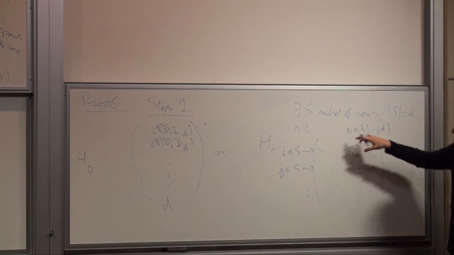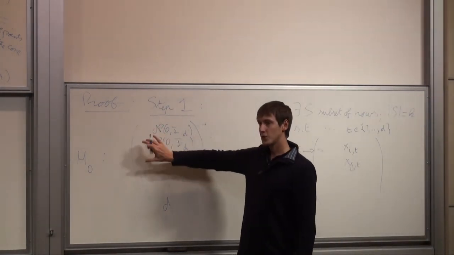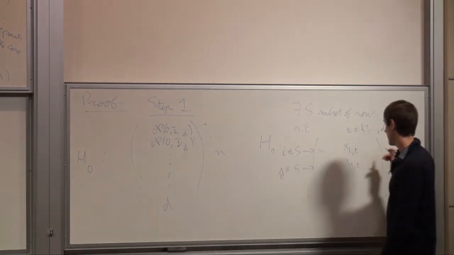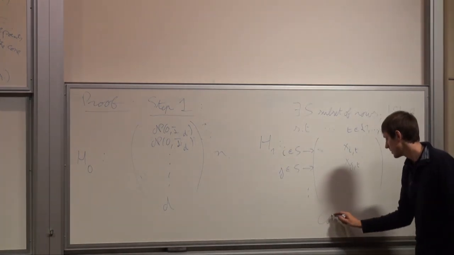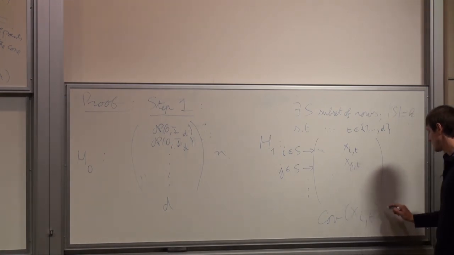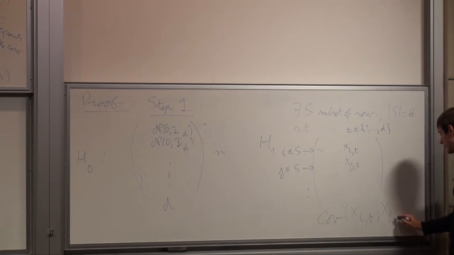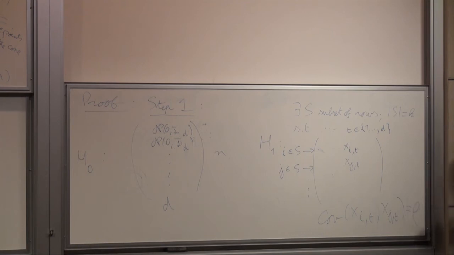So each row is still an N(0, I_d), but now I will have some correlation between these rows, and more precisely here the covariance between X_{i,t} and X_{j,t} is going to be rho, some value. So I have a subset of rows where every coordinate is correlated.